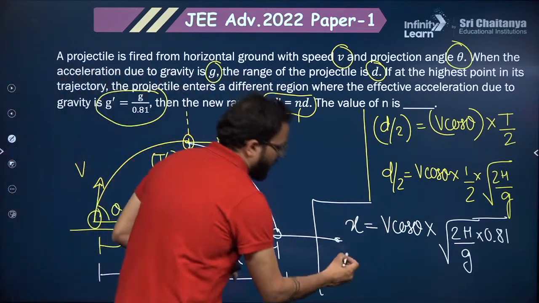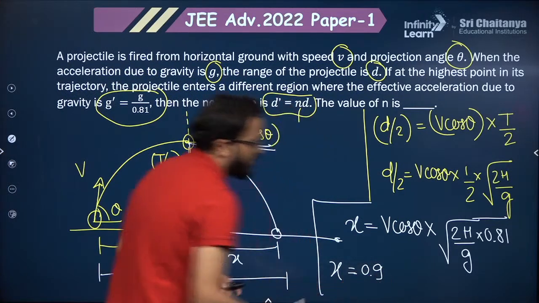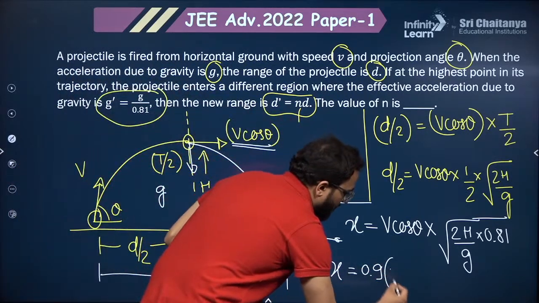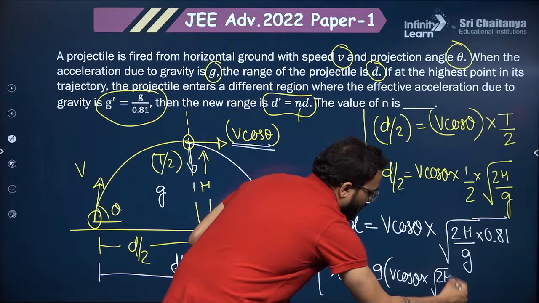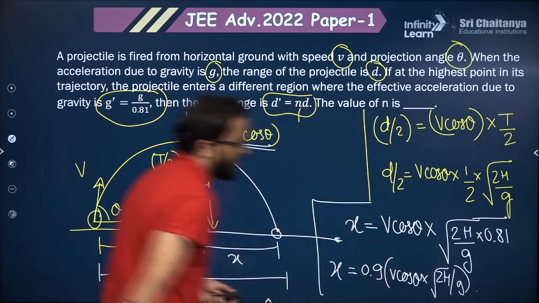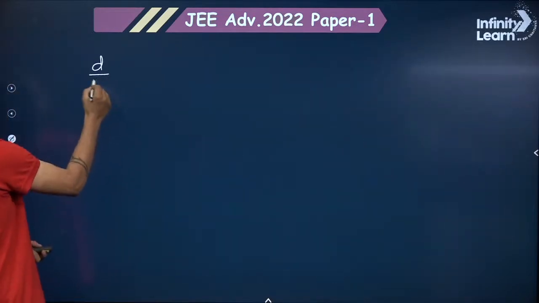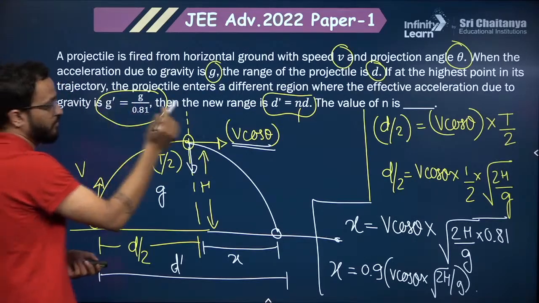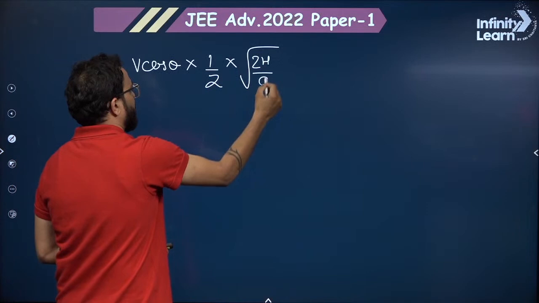So we can say x is equal to v cos theta into 0.9 times root over 2h by g. Okay, this is x. Now let me show you in the next page. Just now we found out that d by 2 is v cos theta into 1 by 2 into root over 2h by g.